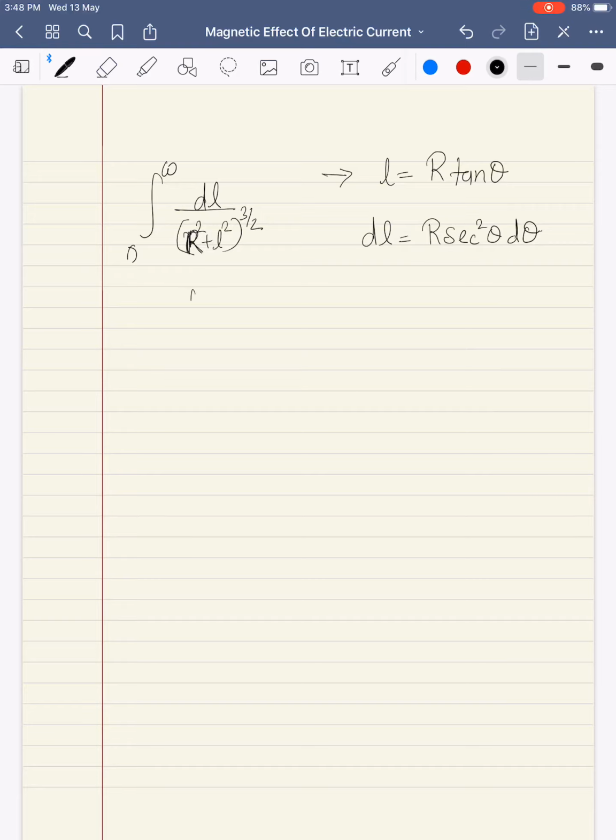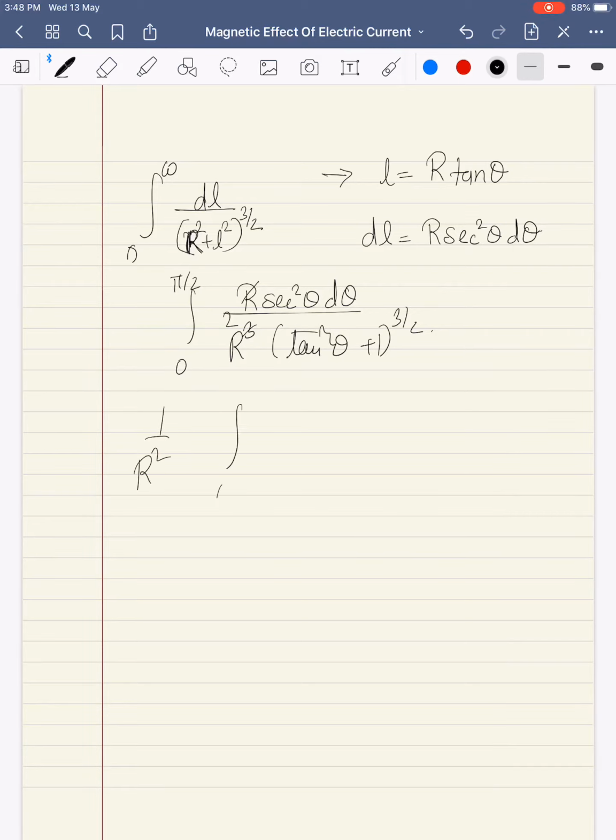So 0 to pi by 2, you will get it as R sec square theta d theta upon R cube tan square theta plus 1 the whole raised to 3 by 2. R square becomes 1 upon R square, 0 to pi by 2 sec square theta d theta divided by, now what is 1 plus tan square theta? We write it as sec square theta, and sec square theta the whole raised to 3 by 2 will be sec cube theta.